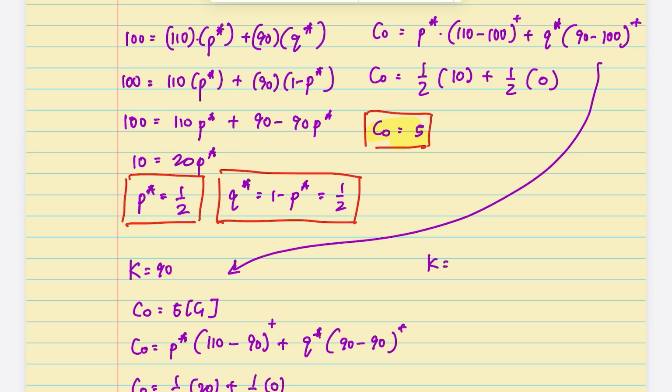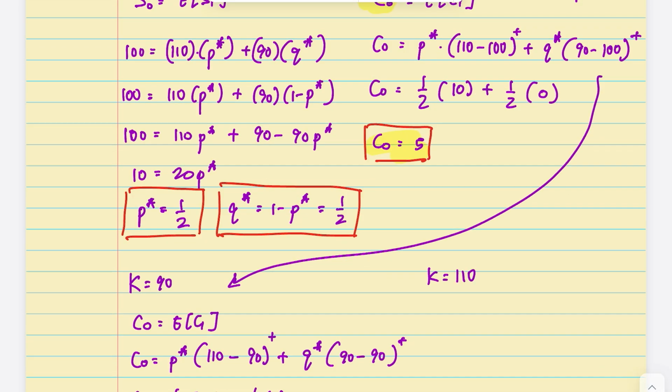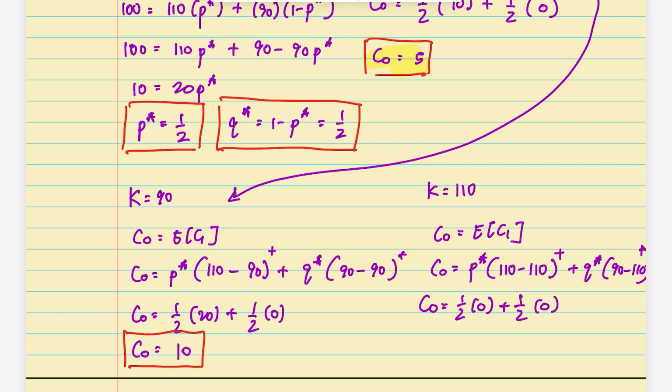Then if K equals 110, same thing. We just substitute K with 110. The first term is 110 minus 110 and then plus 90 minus 110, so it is half times 0 plus half times 0, which makes C0 equal to 0.